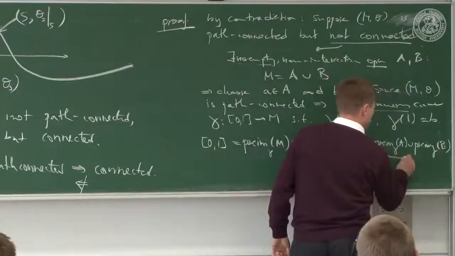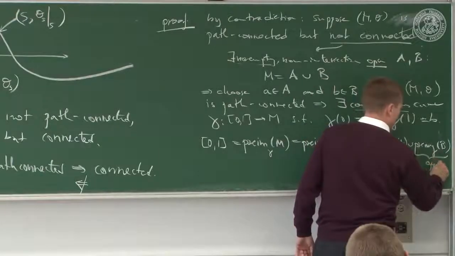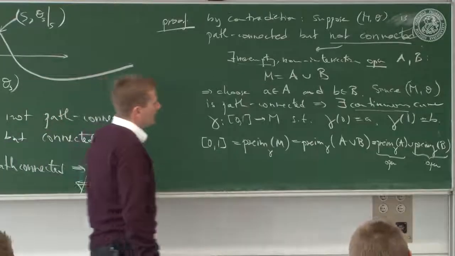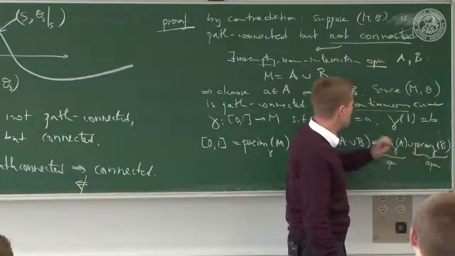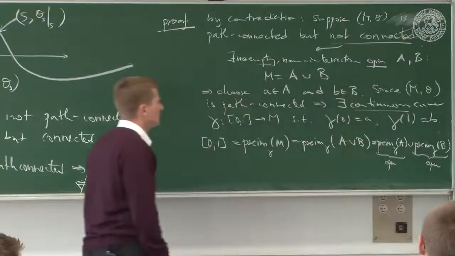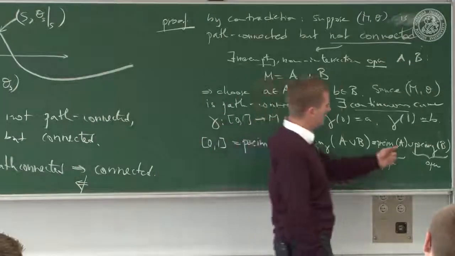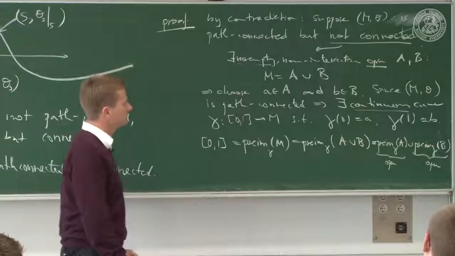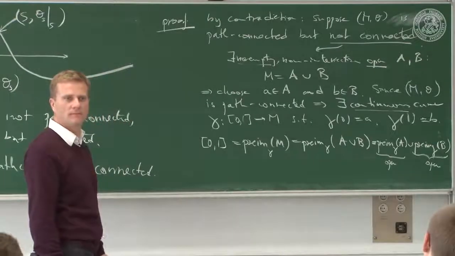So this here is open, and this here is also open. Now, A and B were non-intersecting, hence these pre-images are also disjoint. Right?